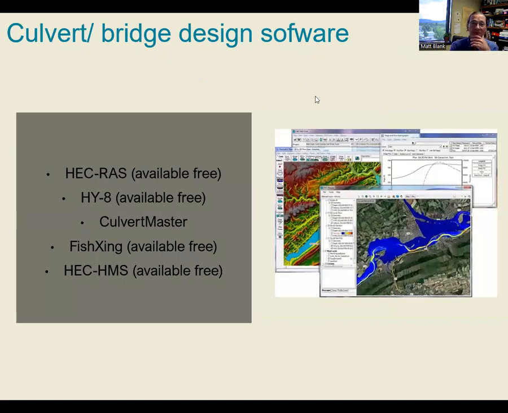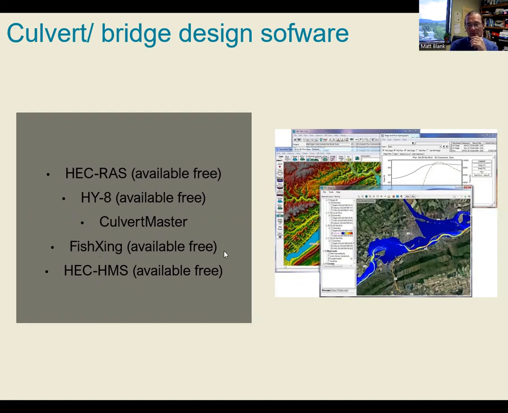Lastly, there's a lot of free and also private software that you can use for hydrologic design, bridge design, culvert design. HEC-RAS is probably the most common. It's a freeware. It is used around the world by most engineering companies. And here's some outputs from that software. HY8 is a culvert design software. Culvert Master is a private one you have to buy.